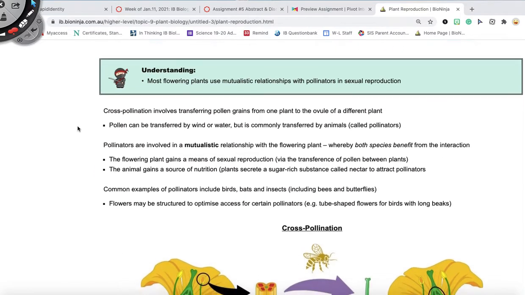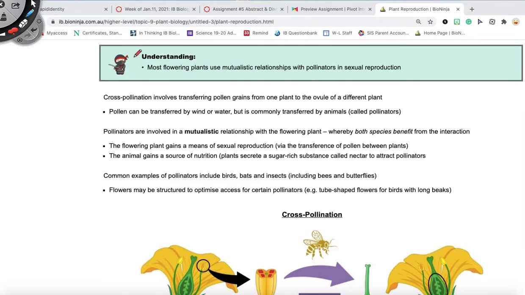Okay, so moving down here, the next essential understanding is that most flowering plants use mutualistic relationships with pollinators in sexual reproduction. So we know that flowers and pollinators help each other out. So it is a mutualistic relationship. Both species are going to benefit. So what is the benefit of each?